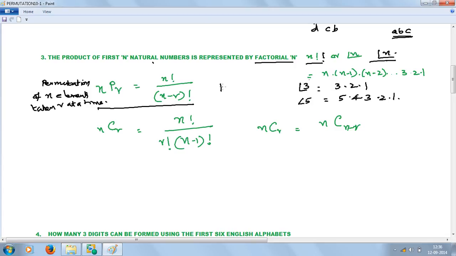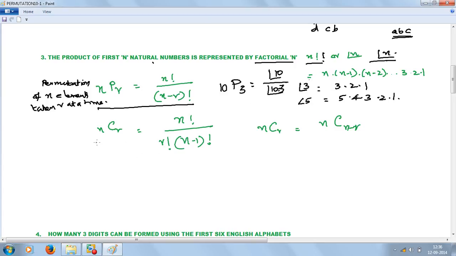So suppose there are 10 elements totally, permutation of 3 elements at a time is equal to factorial n, n is 10 here, divided by factorial 10 minus 3, that is factorial 7. We can expand this and work out what it is.